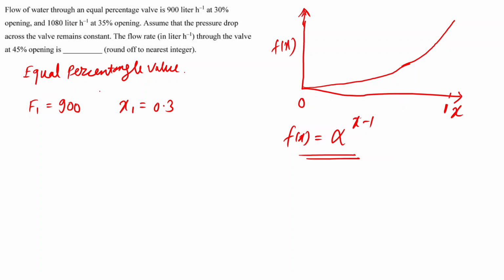And at x2, that is 35% opening, the flow rate F2 was 1080 liters per hour. Now in the given question, we have been asked the flow rate at 45% opening, that is F3.